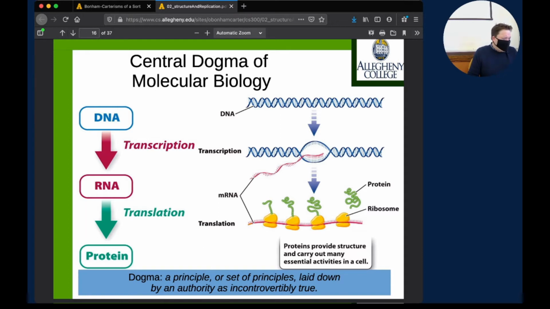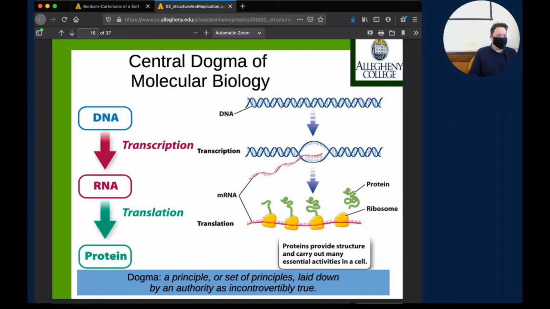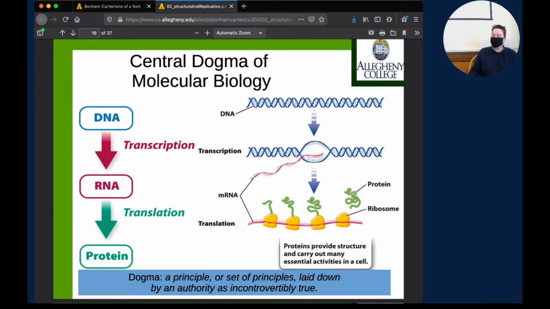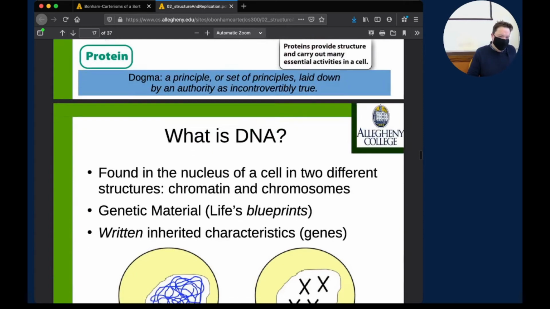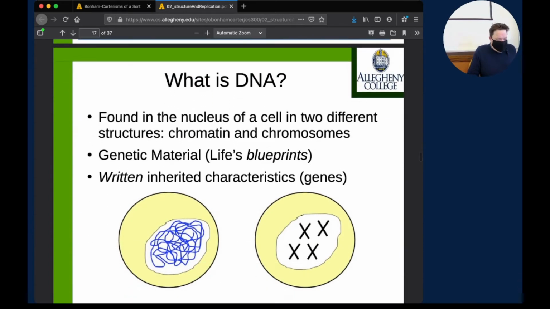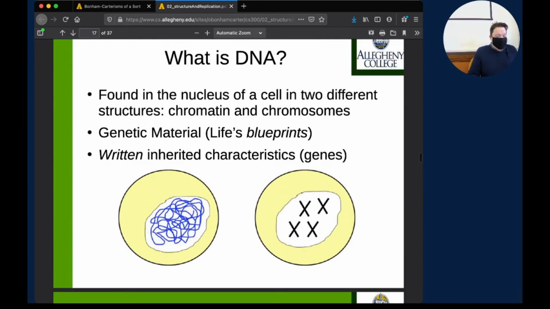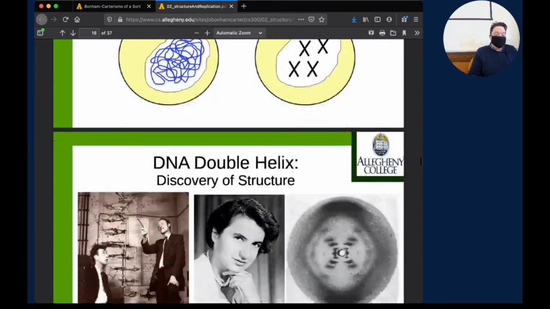So this is a very important slide. Every single thing that you'll see happening in biology and in bioinformatics supports this dogma: DNA gives us RNA, which gives us protein. That is probably the big piece. We discussed that DNA is this stuff that lives inside the nucleus of a cell. It's probably the most important.